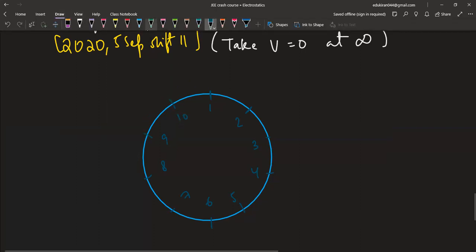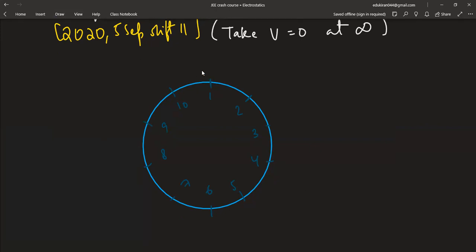Now let's put the values of each charge. So this is plus Q, this is plus Q, this is plus Q, and 7th is also plus Q, 9th, alternate ones, these are plus Q. Now see what are left.